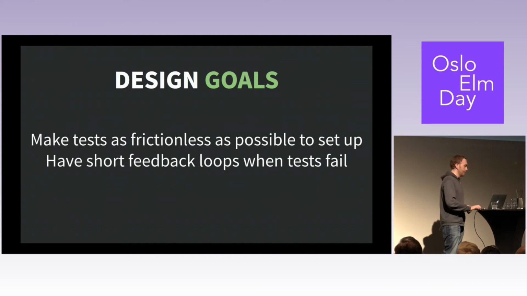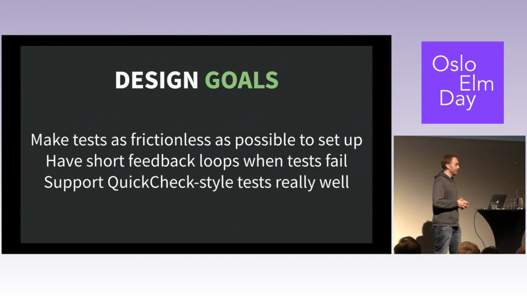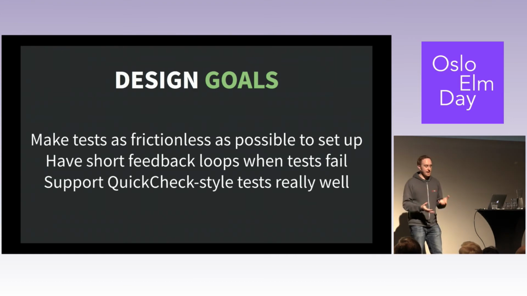And then finally, going back to Hassan's elm-check library, I said, yeah, I want to support this really well. I want to support quick check style tests in a really nice way because this is just something that I think should be pervasively available. Hassan had elm-check the library, and then there was a separate elm-test library, but there were some places where the two didn't line up super well.